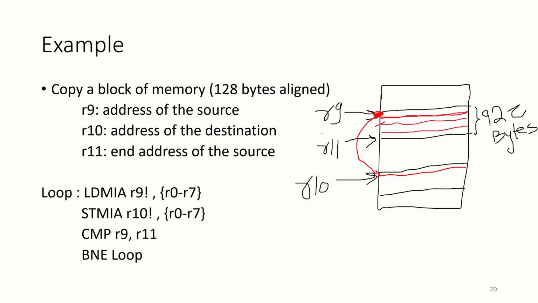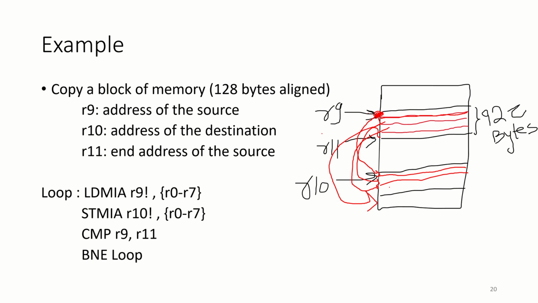Then the second one is going to be copied at the R10 plus 4 next location, and this is going to be stored in the next location. So R9 is the starting address of the source, R10 is the starting address of the destination, and from R9 up till R11 we have to copy. Means here R9 to R11 we are going to copy to here.